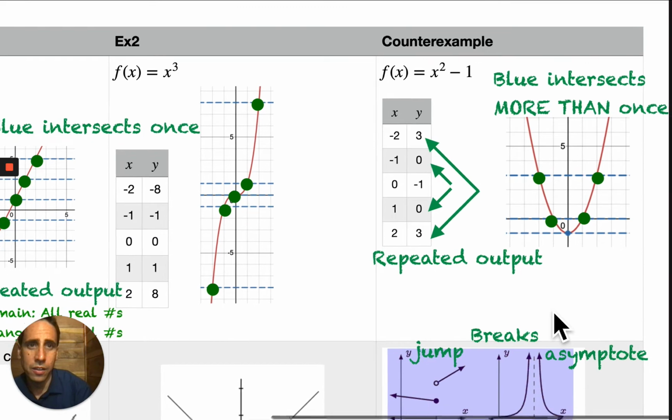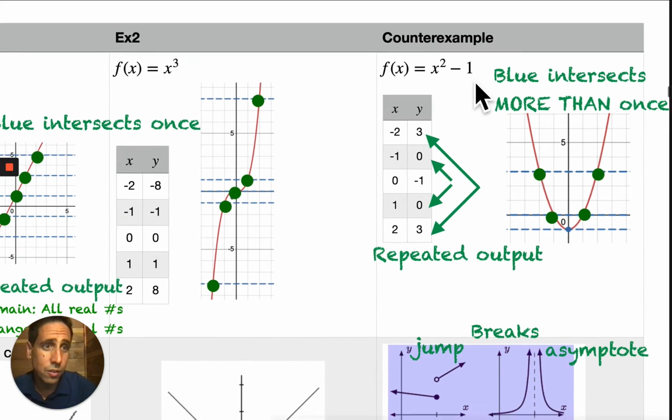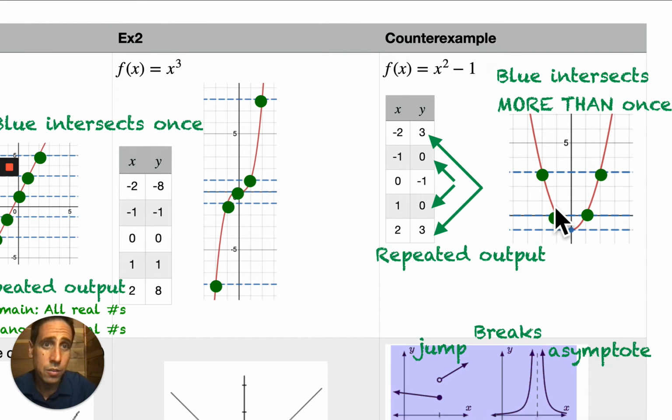Let's take a look at a counterexample. Here the f function is f of x equals x squared minus 1. If you take all of these x values and multiply them by themselves and subtract 1, you get all these y values.